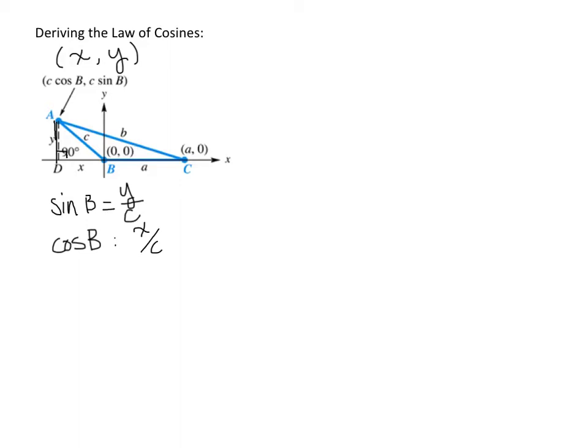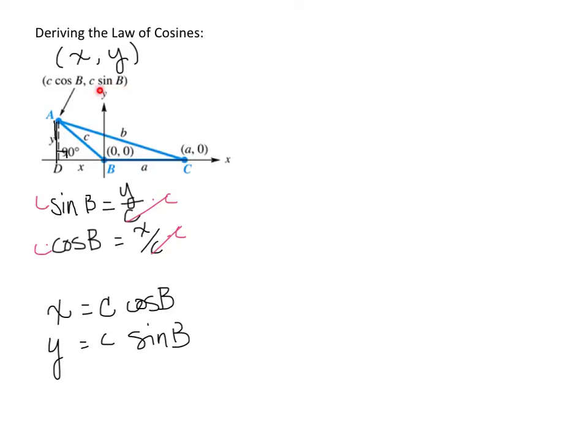So in both of these instances, if I multiply by c on both sides, what I end up with is the fact that the x-coordinate really is equal to c times the cosine of B, and the y-coordinate is equal to c times the sine of B. That's how they came up with these values here.